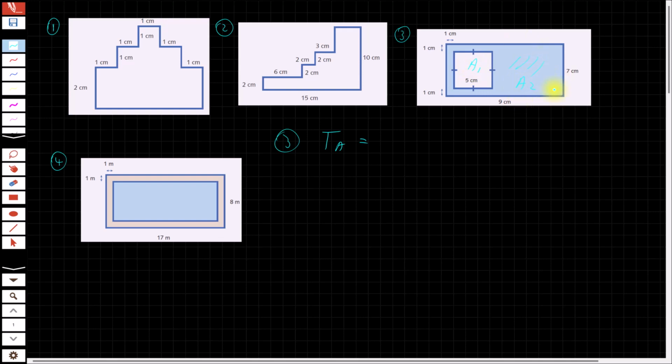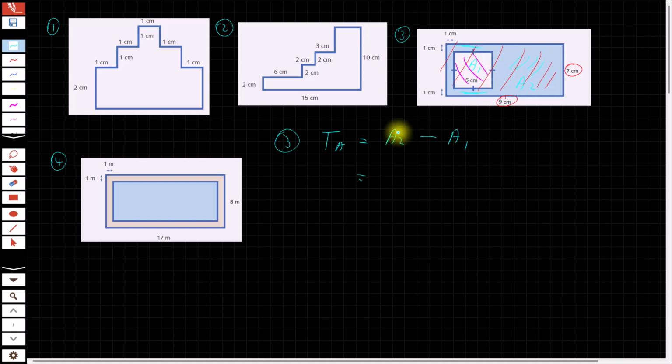The blue part, which includes this part around here, equals A2 using this measurement and this measurement, minus the area of that little square, A1.